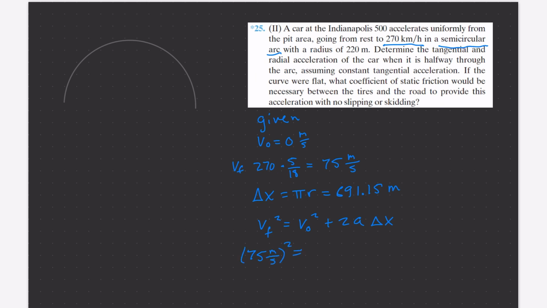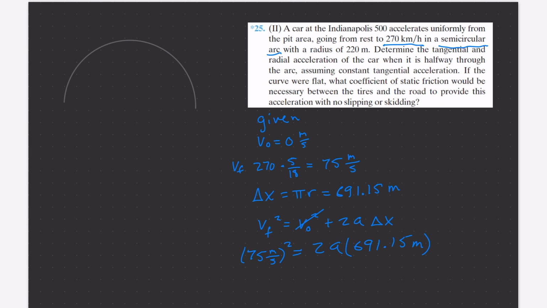The initial velocity is 0, so I can cut that out. Then it's 2a, and for delta x, I'm going to plug in 691.15 meters. In the calculator, I'm going to square 75, divide it by 2, and then divide it again by my delta x, 691.15.